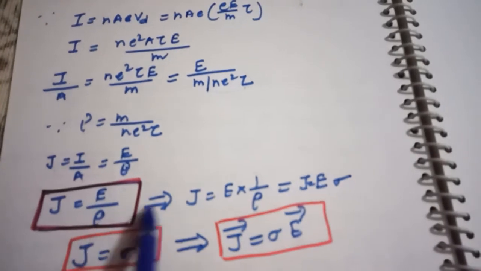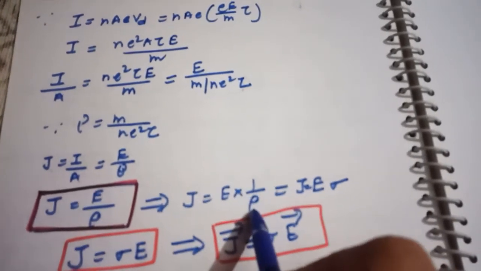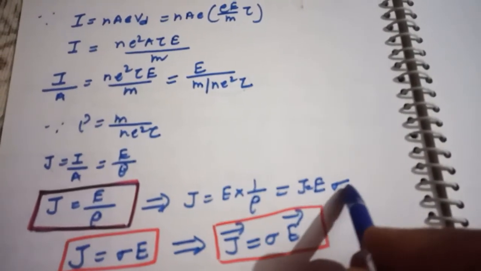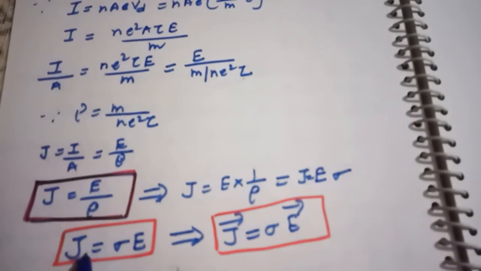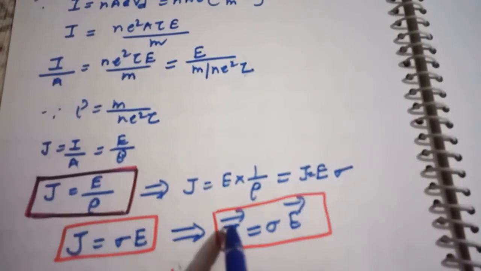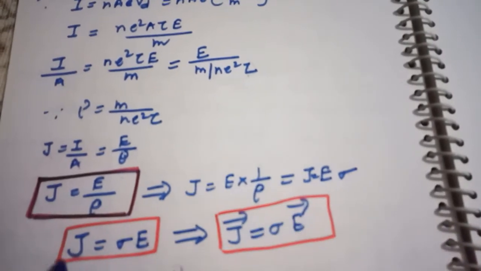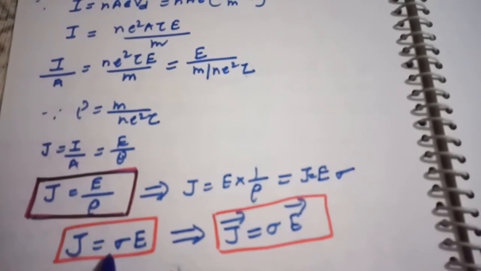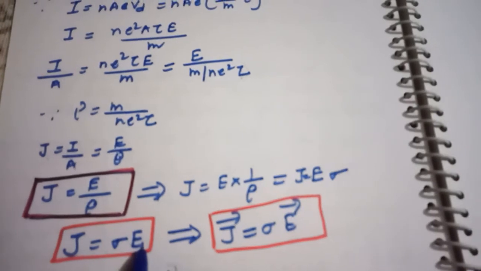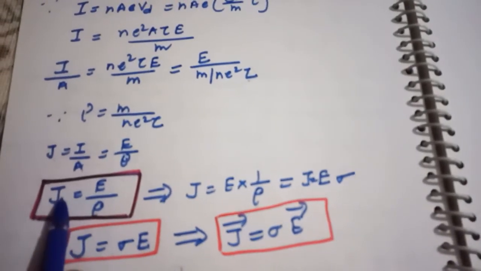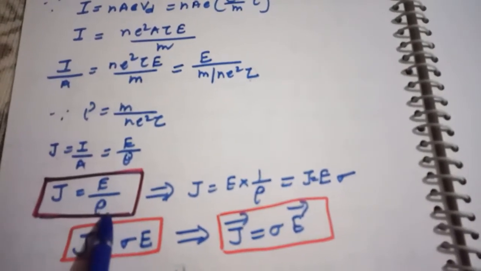But 1 upon resistivity is equal to conductivity σ. So J will be equal to σE. J = σE in the vector form. So this is the relation between the current density, the conductivity and the electric field, and here the relation between current density, electric field and resistivity.